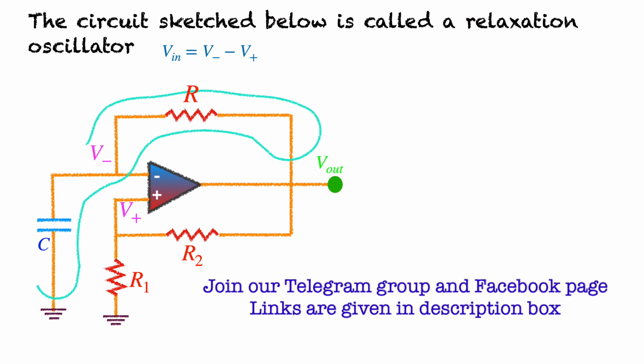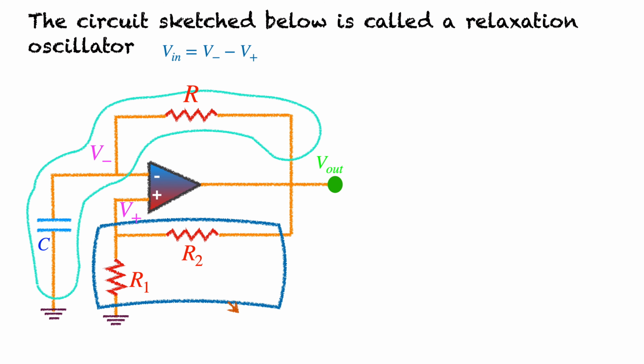So it consists of two parts basically. One part is the RC circuit, which is drawn with the blue curved line, and another part is the voltage divider circuit, which consists of R1 and R2 resistances. So the current will flow from V out to V minus if initially the capacitor is uncharged.